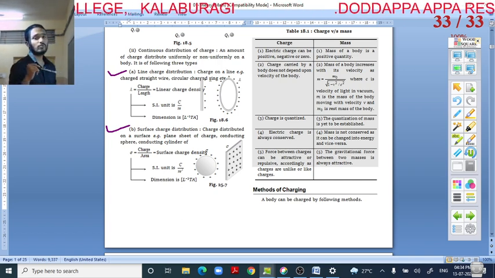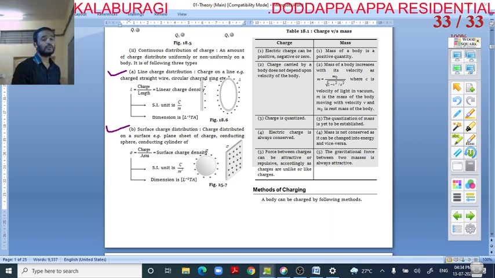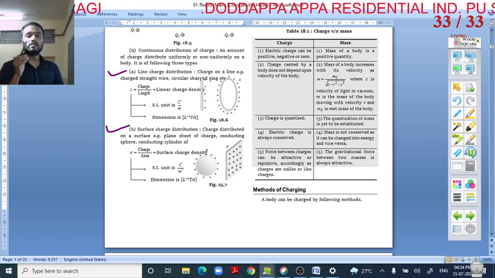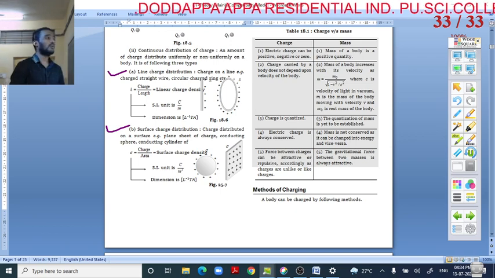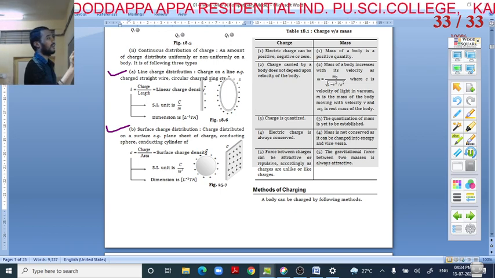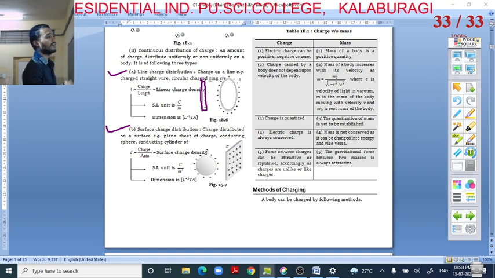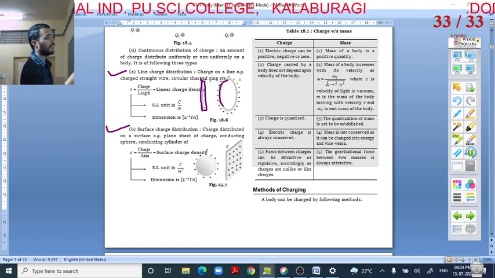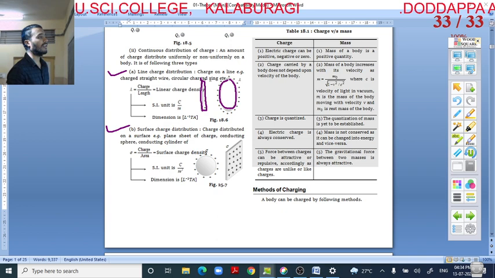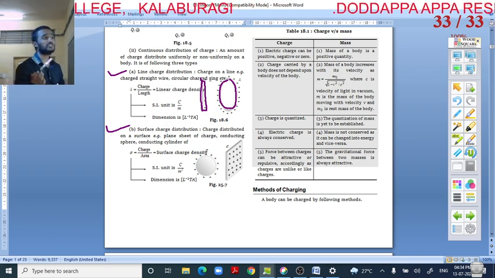To find the density of charge distribution on a straight wire like this, or if the wire is in a circular manner, what is the charge density?